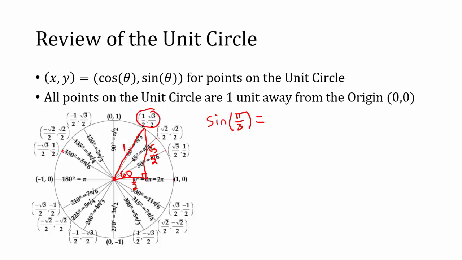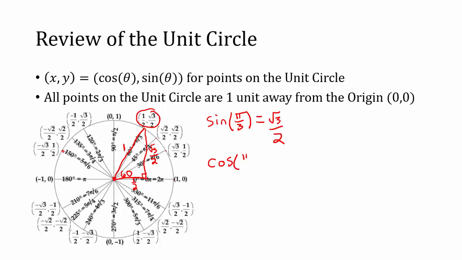Sine of an angle is the ratio of the opposite side to the hypotenuse. But root 3 over 2 divided by 1 is just root 3 over 2, and that's the y-coordinate of the point on the unit circle. So the unit circle is great because it easily allows you to determine the sine and the cosine of an angle quickly.